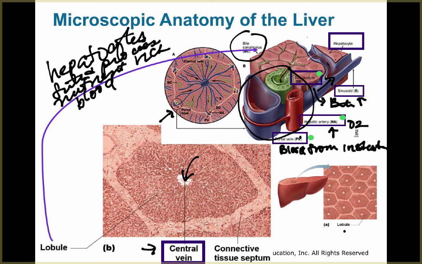You can see on every single one of these, they have these triads, and they're all moving into the middle here.